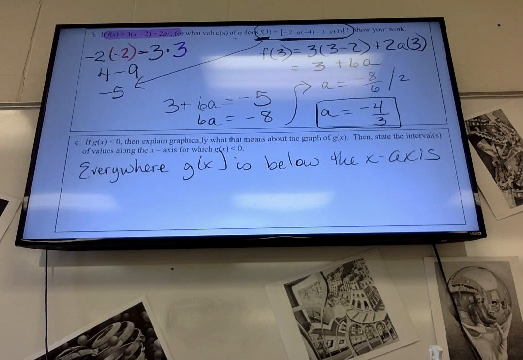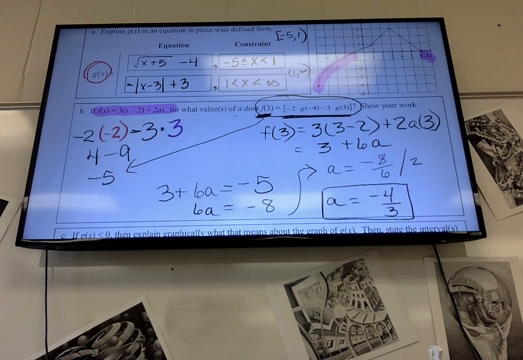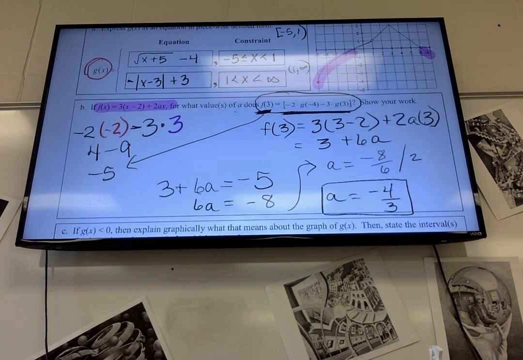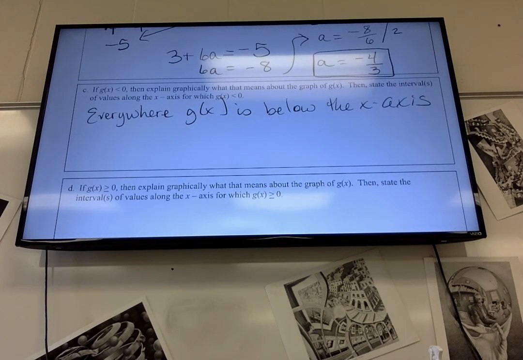Then we state the intervals for which it is less than 0. It's less than 0 everywhere it's pink. So from -5 to -1.